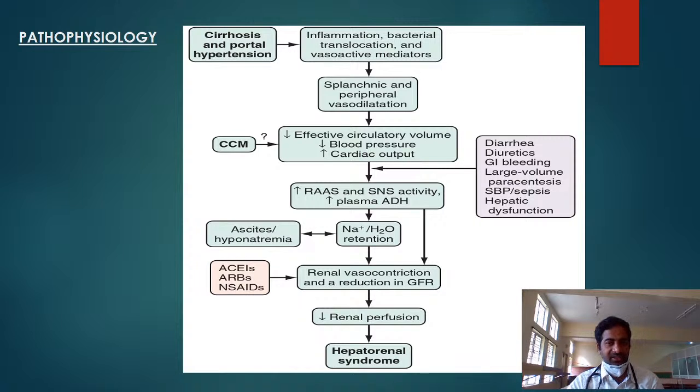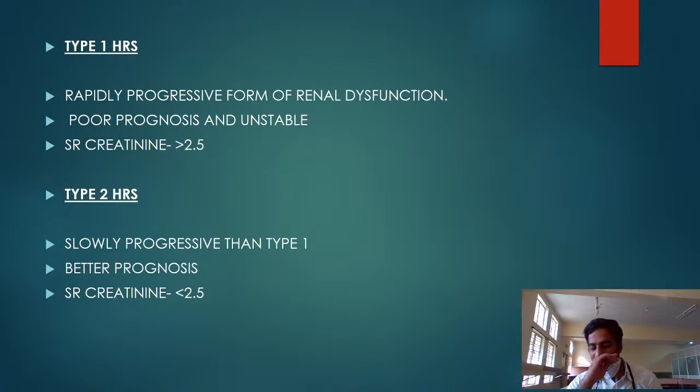Without replacing, if you do a large volume paracentesis, the patient may land up in hepatic encephalopathy or hepatorenal syndrome. So you have two types of hepatorenal syndrome, type 1 and type 2. Type 1 is a rapidly progressive form of renal dysfunction, and the prognosis is very poor and unstable. Serum creatinine is always greater than 2.5.